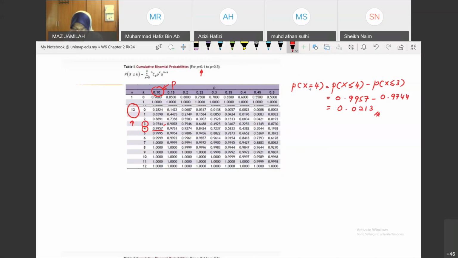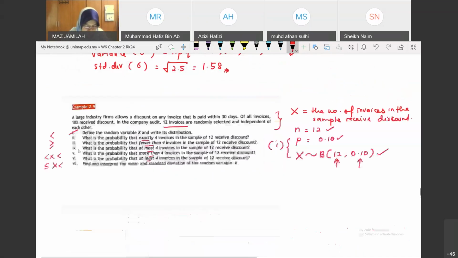Are you all with me? Yes, correct. The second question. Okay, thank you. At least I can hear one voice, it will be enough just to make sure it's correct. Then what is the probability that fewer than 4 invoices?